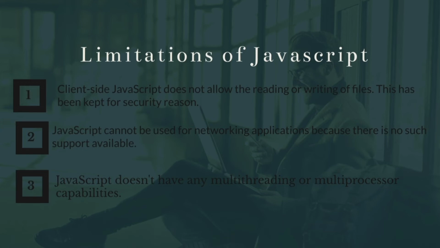Next, JavaScript cannot be used for networking applications because there is no such support available. Next, JavaScript doesn't have any multi-threading or multiprocessor capabilities. Once again, JavaScript is a lightweight interpreted programming language that allows you to build interactivity into otherwise static HTML pages. So JavaScript is based on the interactivity of the pages.